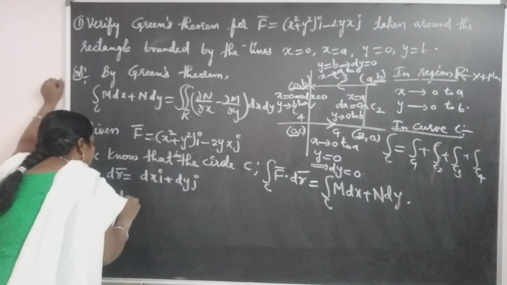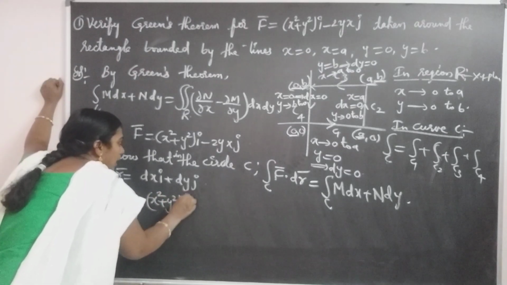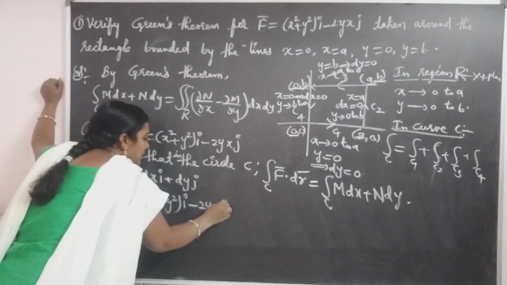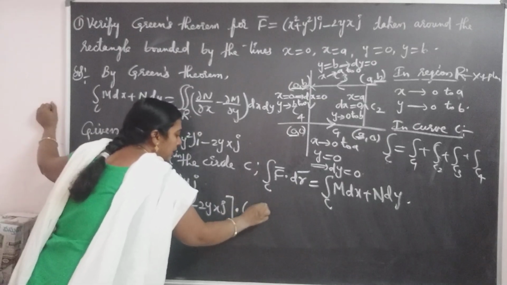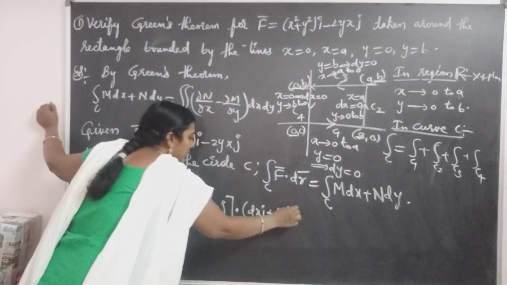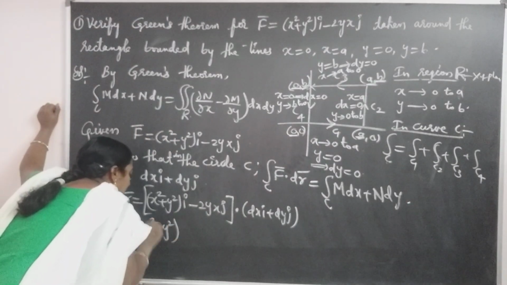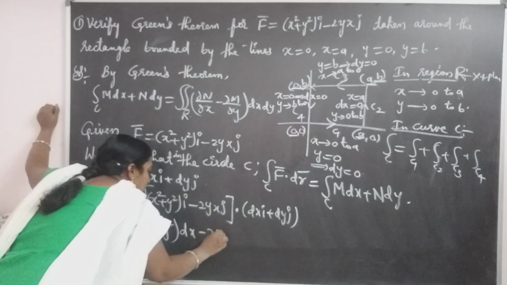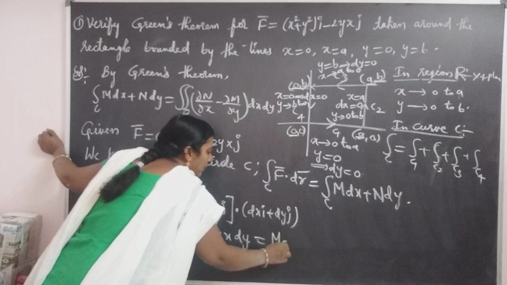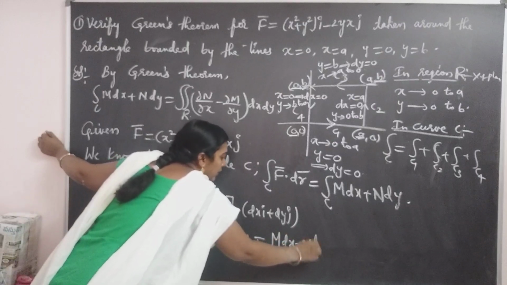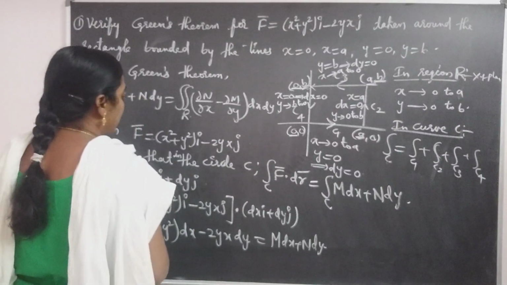F bar dot dr bar is the dot product of (x square plus y square) i minus 2yx j with dx i plus dy j, which is equal to (x square plus y square) dx minus 2yx dy, which equals M dx plus N dy. Here, what is M and what is N?